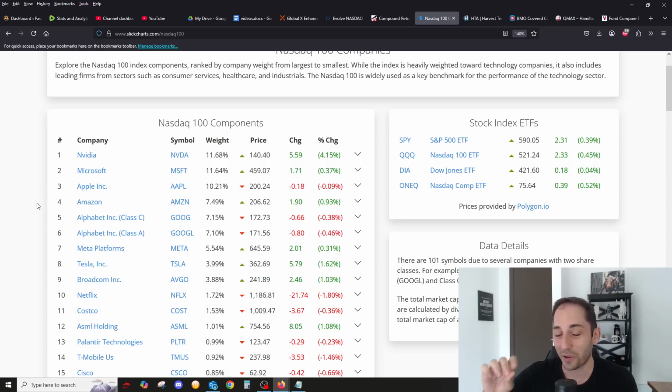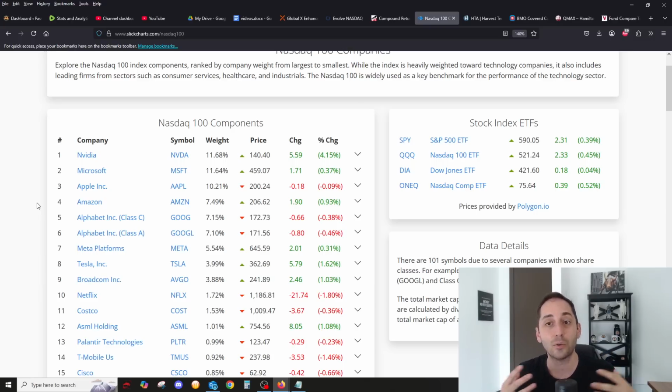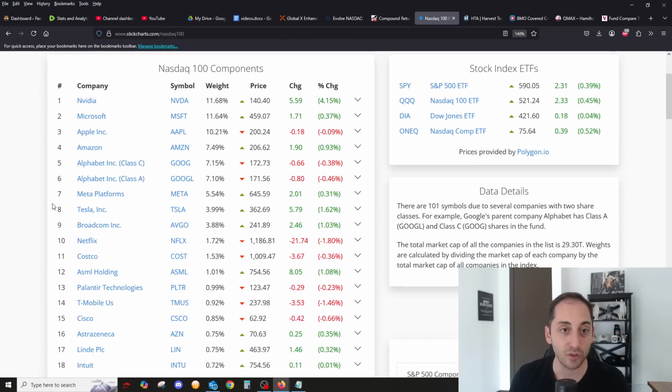The Nasdaq 100 index is 100 non-financial companies listed on the Nasdaq, the top ones on the Nasdaq exchange. Remember, in the US, there's two main exchanges, Wall Street or the New York Stock Exchange. There's also the Nasdaq Stock Exchange. They're both in New York, but the Nasdaq 100 index is going to have only stocks listed on the Nasdaq, whereas, for example, the S&P 500 has 500 companies listed on both exchanges.